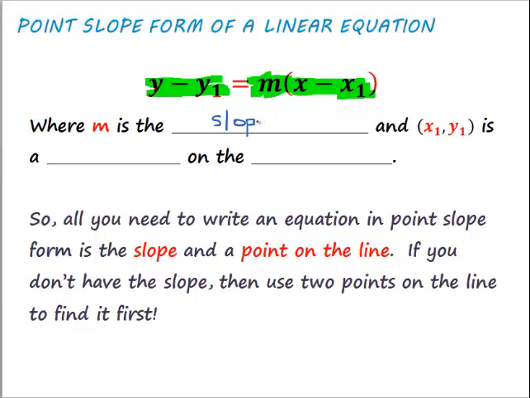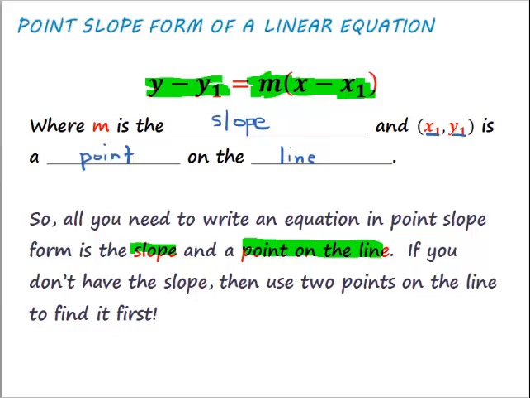When we write it as an m, that's generally in mathematics what we call slope. And x1 and y1 is a point that is on the line.